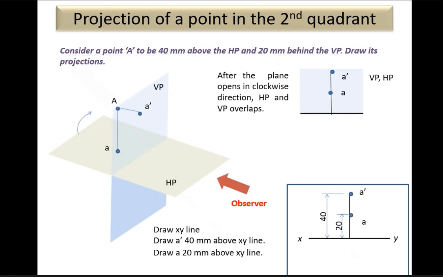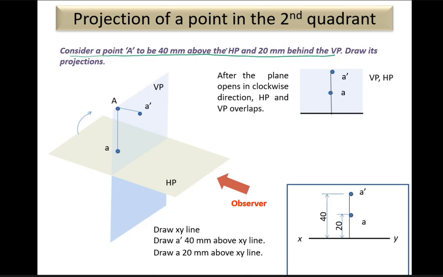Okay. See our second point. Consider point A to be 40 mm above HP. So it is 40 mm above HP and 20 mm behind VP. So once we say this line, it means it is in which quadrant?